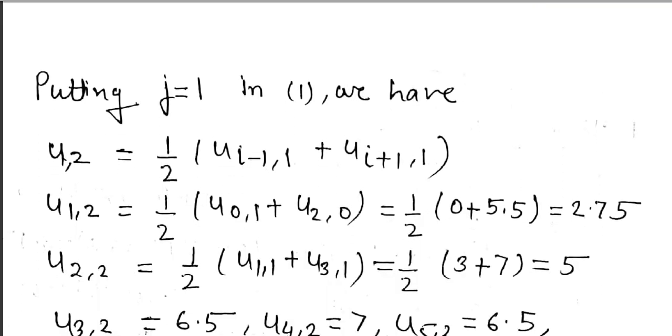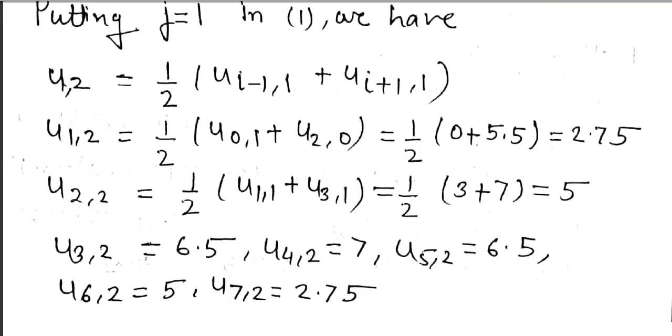Now putting j is equal to 1, then we have u(i, 2) is equal to 1 by 2 [u(i-1, 1) + u(i+1, 1)]. In place of i, if we put 1, then u12 is equal to 1 by 2 [u01 + u21], which is equal to 2.75.